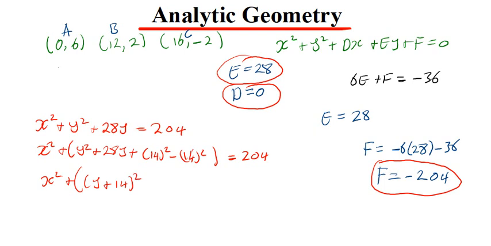Then what is 14 squared? I'm getting 196. That's what I'm getting, and this is equal to 204.